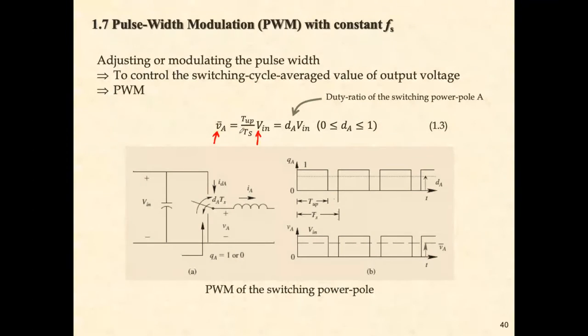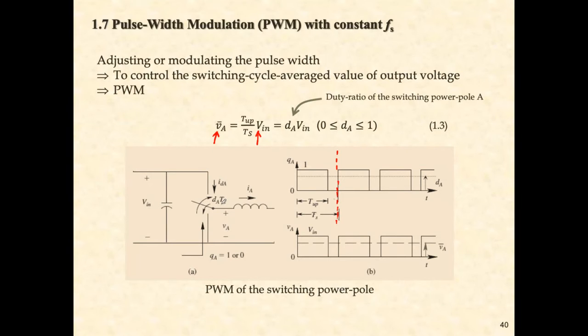Similarly, there are two capital T's, so they are constant. This TS we call the switching interval. One period is one TS, the switching interval, because in this kind of topology, it keeps switching.